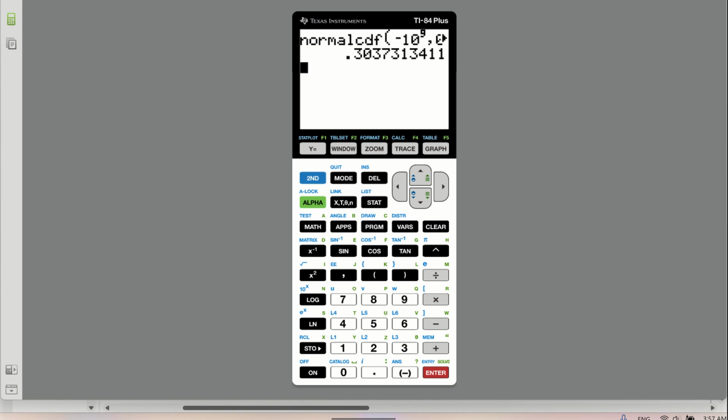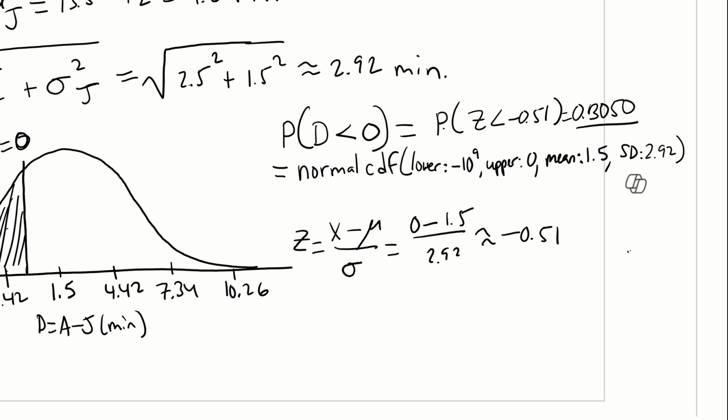And then we get 0.3037. Okay, so that's one way to do it.